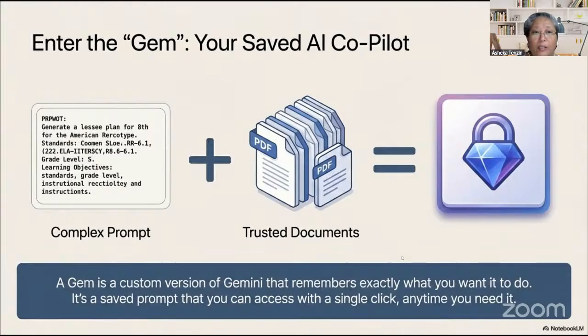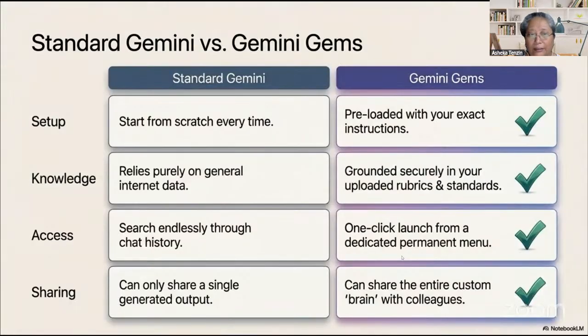Now if you look at standard Gemini, you have to start from scratch. You have to type your prompt, and after you write the prompt, Gemini will collect data from the internet, and it will search through your chat history also, looking at what you have asked, and then it will give you a single generated output. But when you have gems, you can preload all your instructions.